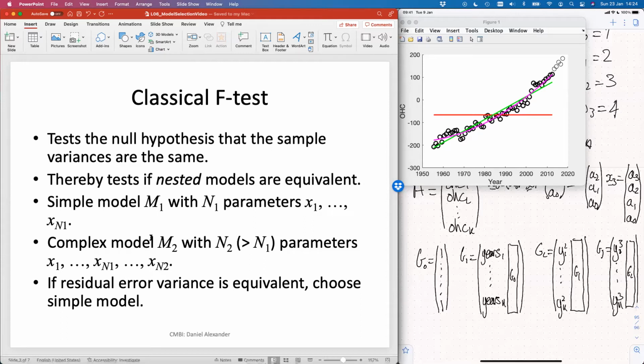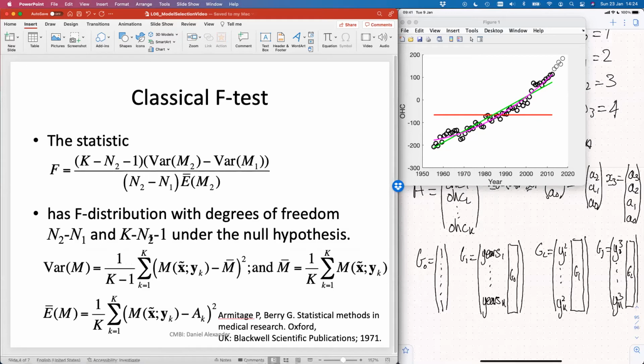So there's a standard recipe for applying this classical F-test, which is that we compute this F statistic here. We'll come back to the different elements of that in a second. And under this null hypothesis, as well as assuming that we have Gaussian noise, this F statistic has an F distribution with these two degrees of freedom.